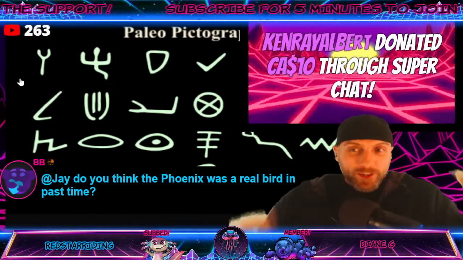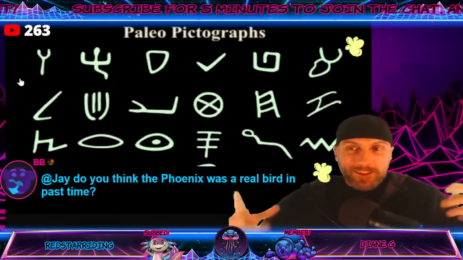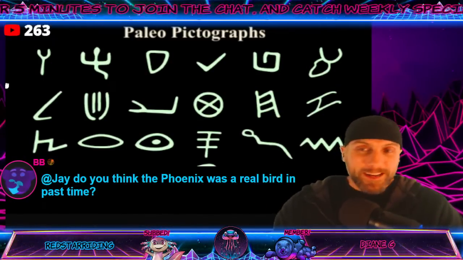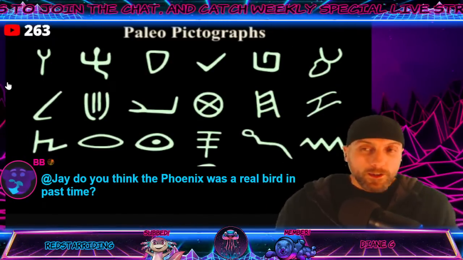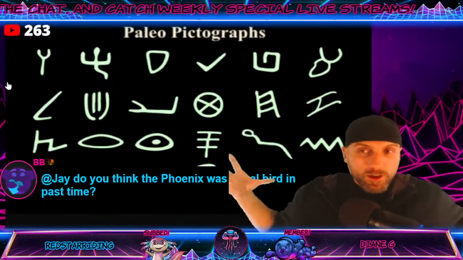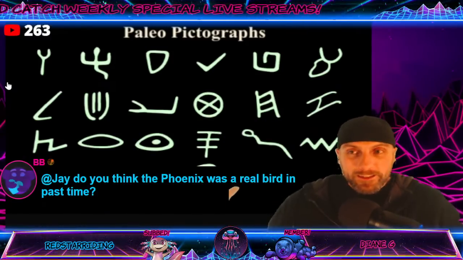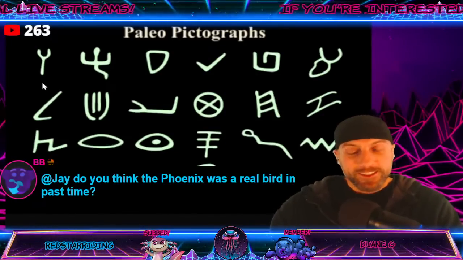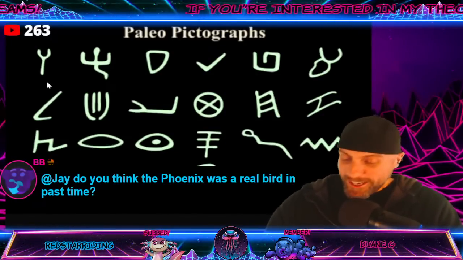Maybe in the way that their DNA is still contained in the ashes. If you get really technical and detailed, I believe anything is possible. But an actual physical reddish orange bird with really long feathers that spontaneously combusts and is then born out of its ashes? Not actually. No, I don't.